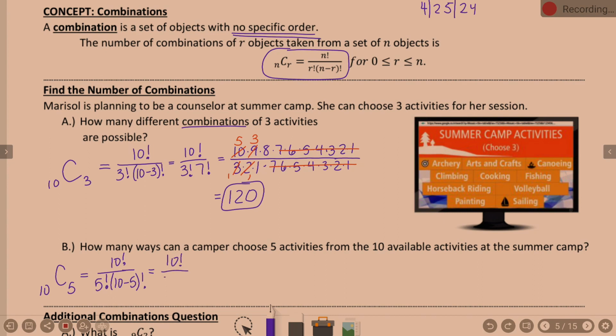On bottom, 5 factorial times 5 factorial. 10 factorial means 10, 9, 8, 7, 6, 5, 4, 3, 2, 1. 5 factorial is 5, 4, 3, 2, 1. Another 5 factorial, 5, 4, 3, 2, 1.